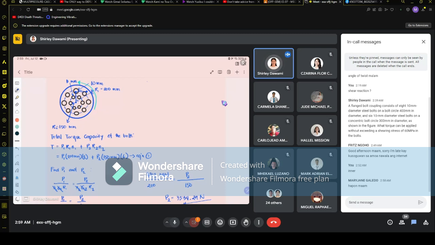Okay, in simple strain, Hooke's law, with axial and shearing deformation. That is the first topic. I will not include Poisson's ratio since we did not discuss it there. Second, statically indeterminate members.